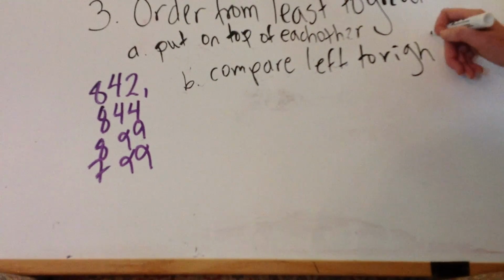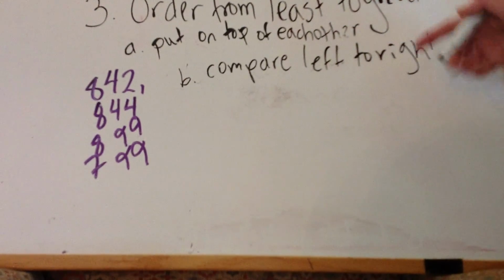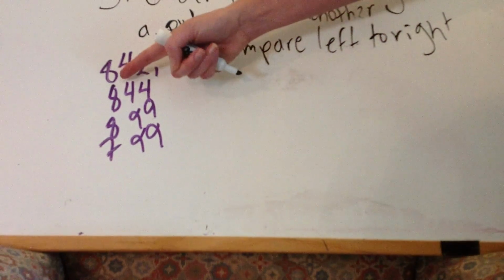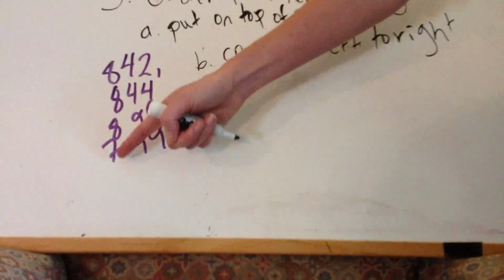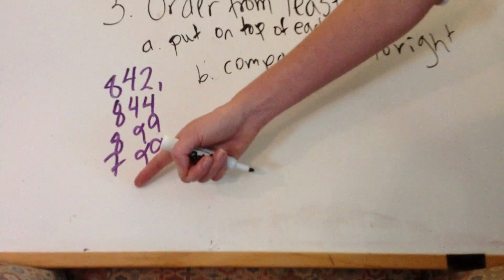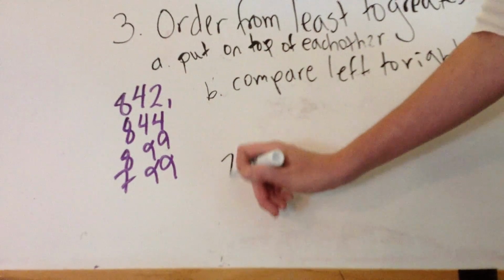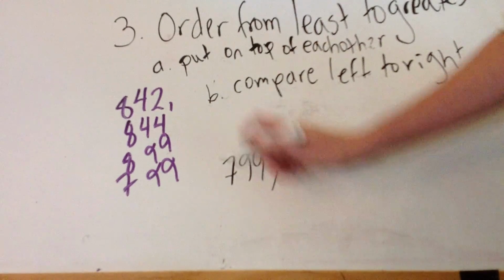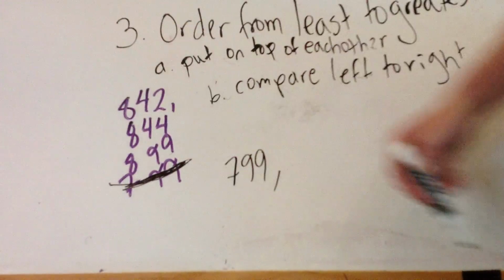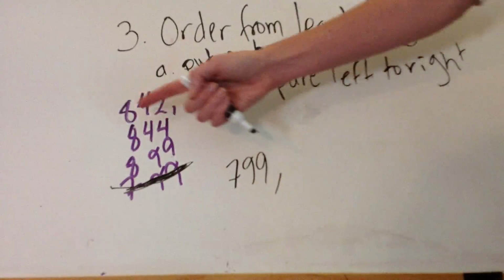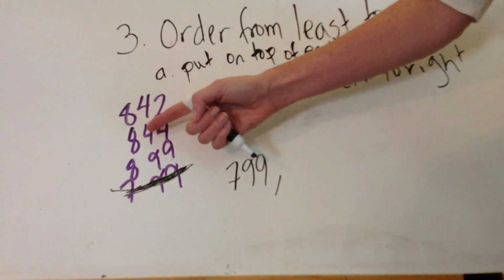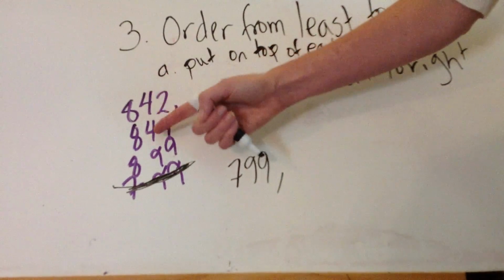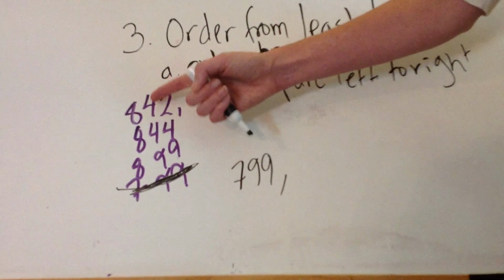Now remember, we are going from least to greatest, so we're looking for our smallest number first. We have an 8, 8, 8, 7. So our 7 is our smallest number. That's our least one. So I'm going to write that one down first and get rid of it. Now again, going from left to right, 8, 8, 8, 4, 4, 9. Well, 4s are smaller than the 9, so I know that one of these is the next smallest number.